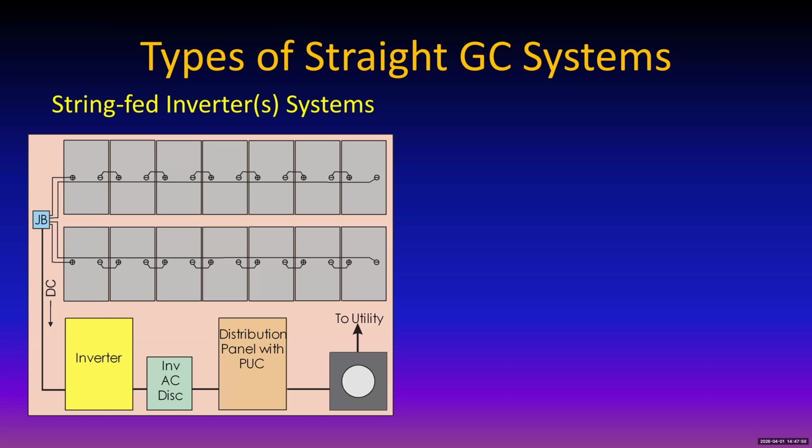With a 7 module string, the open circuit voltage is going to be the sum of the open circuit voltages of each of those individual modules, which would normally be simply 7 times the open circuit voltage of one of them, unless one of them is shaded.